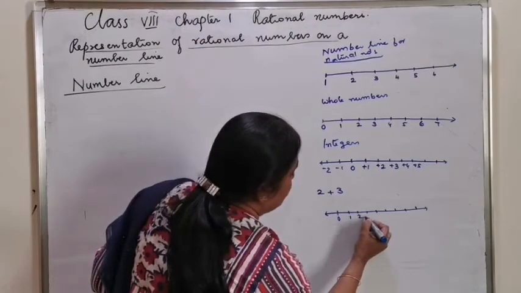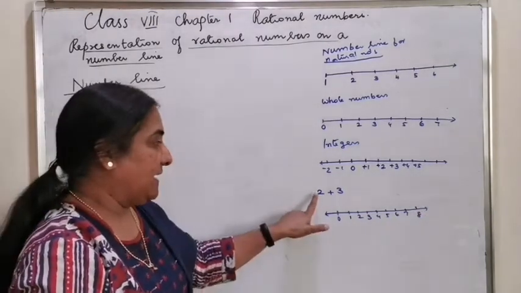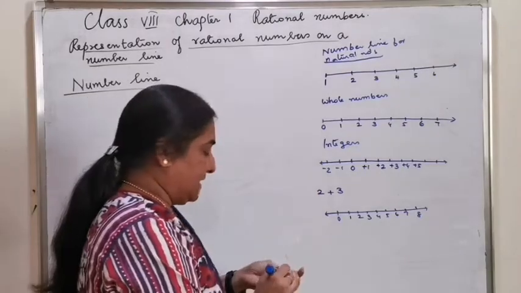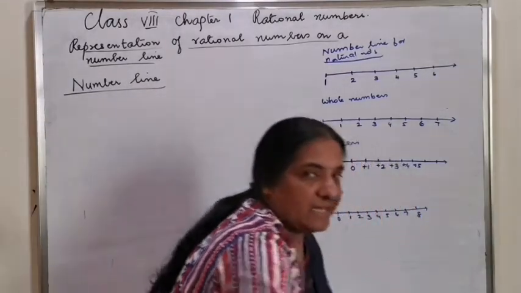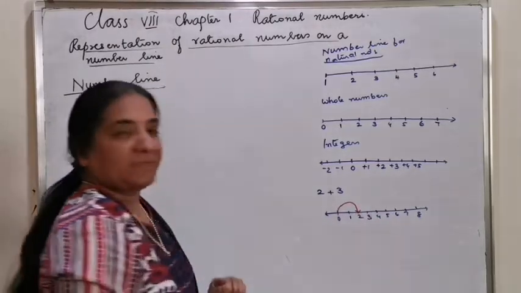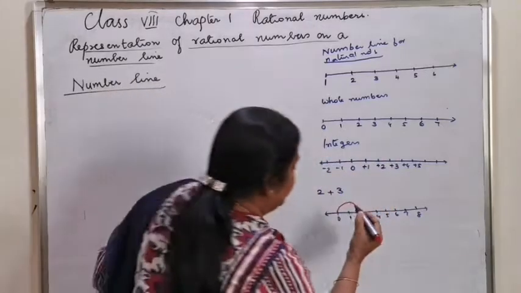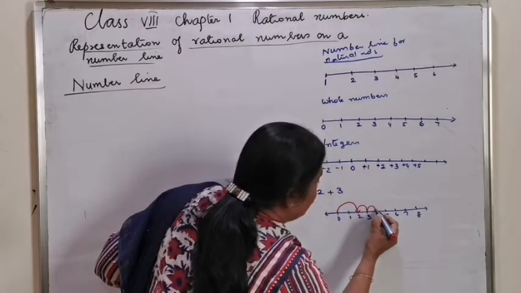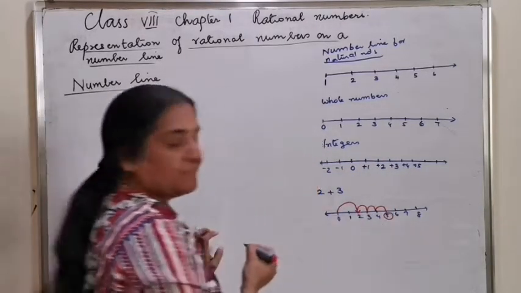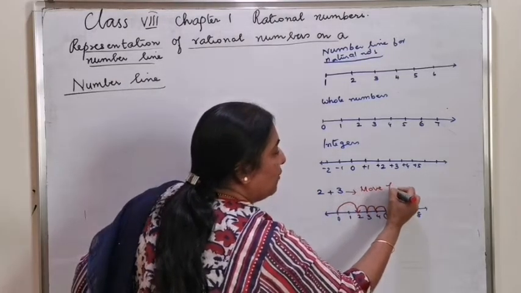So 1, 2, 3, 4, 5, 6, 7, 8. For addition, the first shift is from 0 to the first number, 2. Then 3 steps forward: 1, 2, 3, and you will get the answer. So for addition, you move forward.